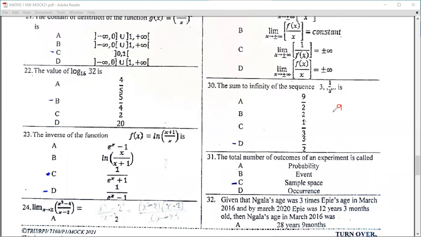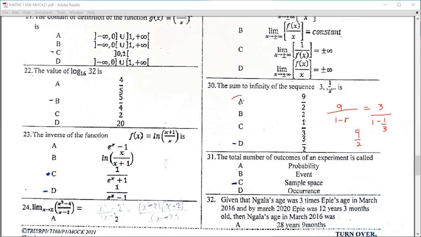It's given by a over 1 minus r. Here, our a is equal to 3. So we have 3 over 1 minus 1 on 3. 1 minus 1/3 is 2/3 now. So 3 on 2/3 is equal to 9 on 2.